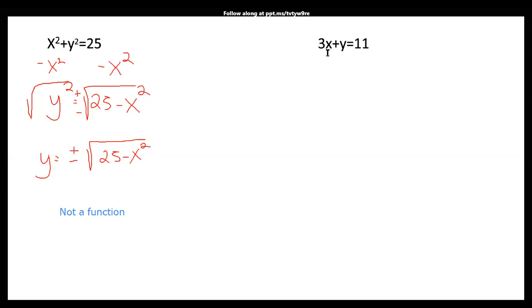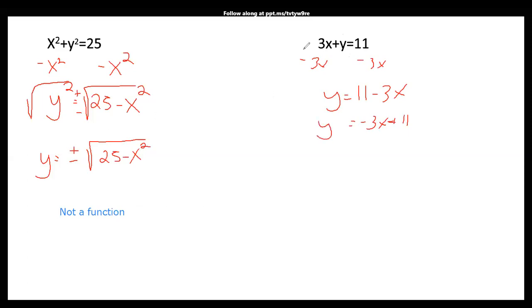If we look at this one here, we have 3x plus y equals 11, where again we subtract 3x from both sides. We get y equals 11 minus 3x, or negative 3x plus 11.